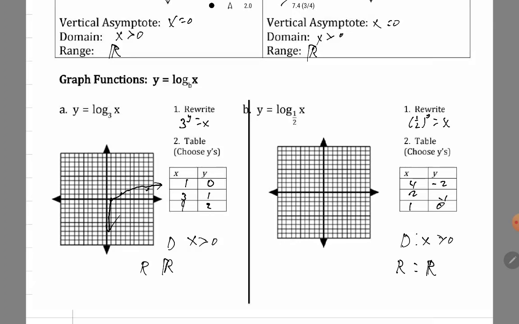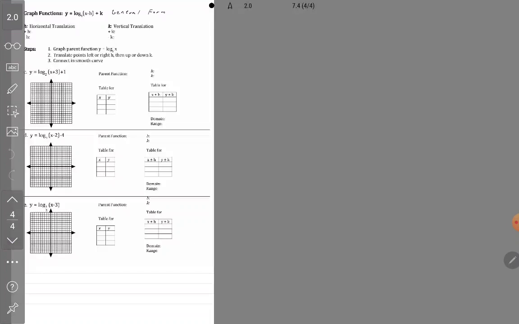And this would be 4, -2, 2, -1, and 1, 0. This one's going to do this.